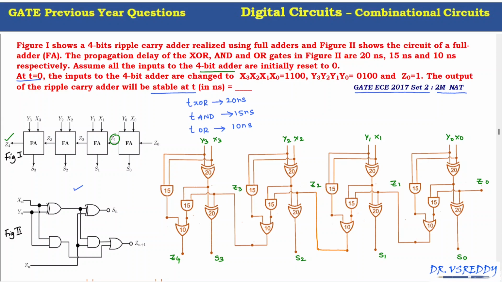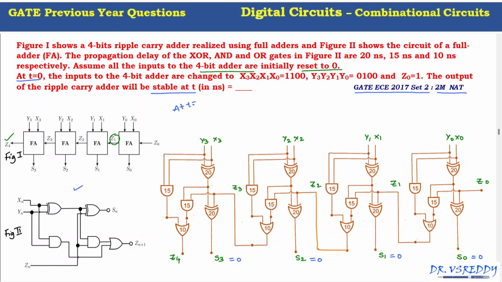Initially this 4-bit adder is reset to 0, which means S0 is 0, S1 is 0, S2 is 0 and S3 is also 0. The carry from one full adder to another is also 0.